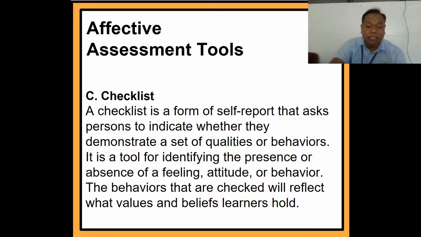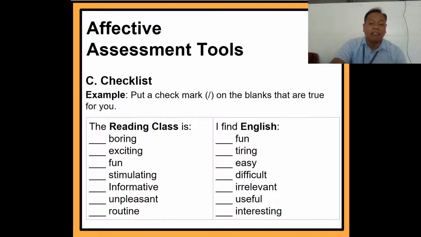The behaviors that are checked will reflect what values and beliefs learners hold. For example, if you want to gauge or understand your students about the reading class, you would list as many words or adjectives as you want, and then they will just click on it.